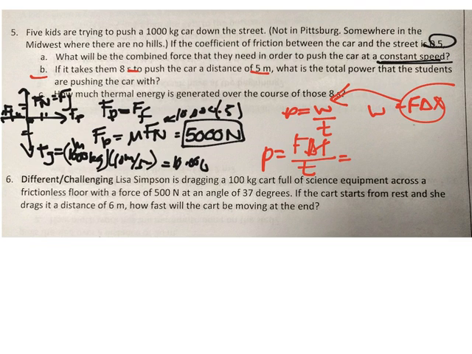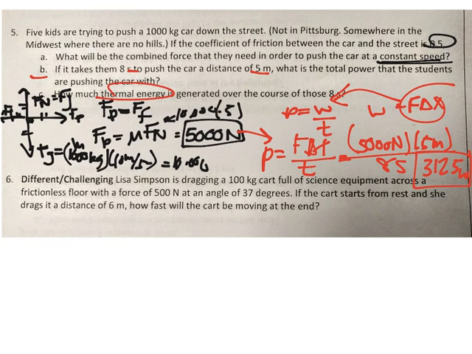We know our force is 5,000 newtons. The distance is 5 meters. Luckily, they don't have to go too far. And the time is 8 seconds. Plug this all in and you'll get 3,125 watts.